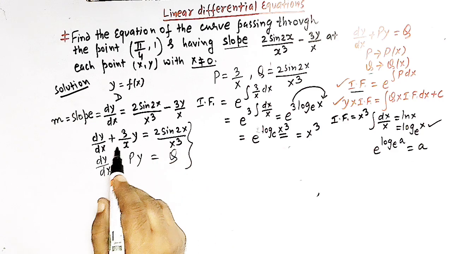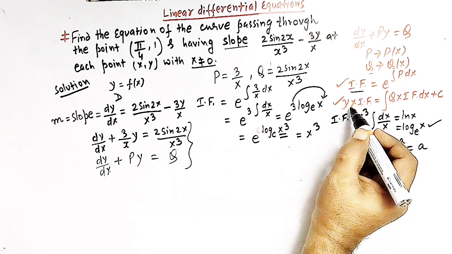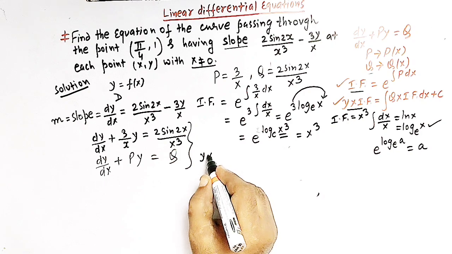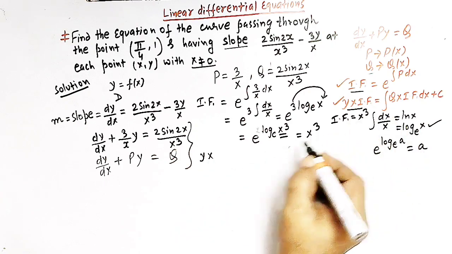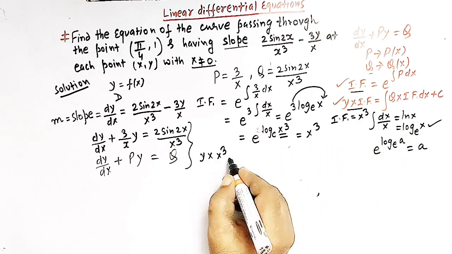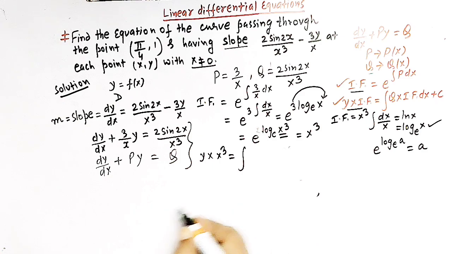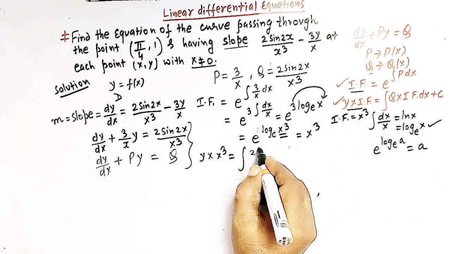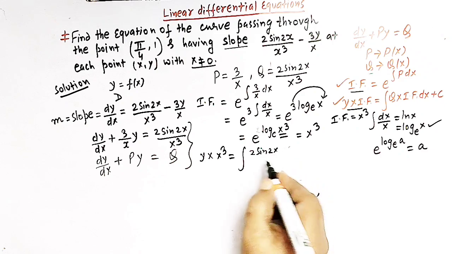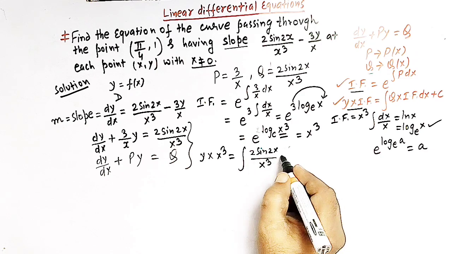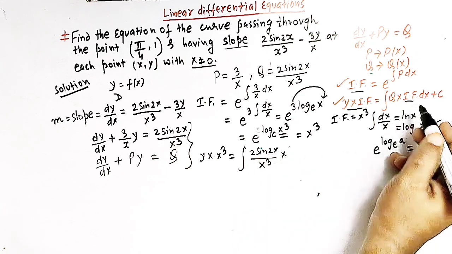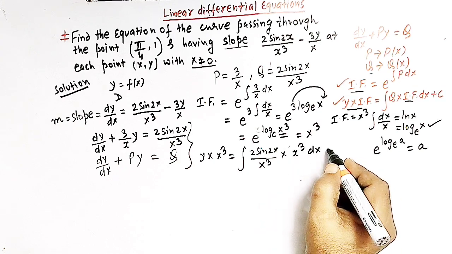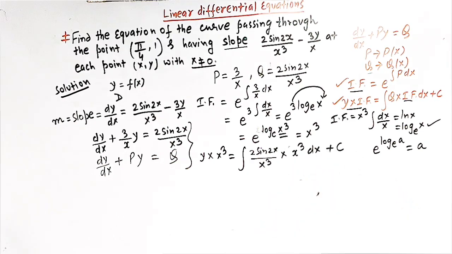So now the solution of this differential equation is given by this expression. So we have y times integrating factor, that is simply x cubed, and then we have integral of q, which is 2 sin 2x divided by x cubed, multiplied with the integrating factor, that is x cubed, and here we have dx plus c.